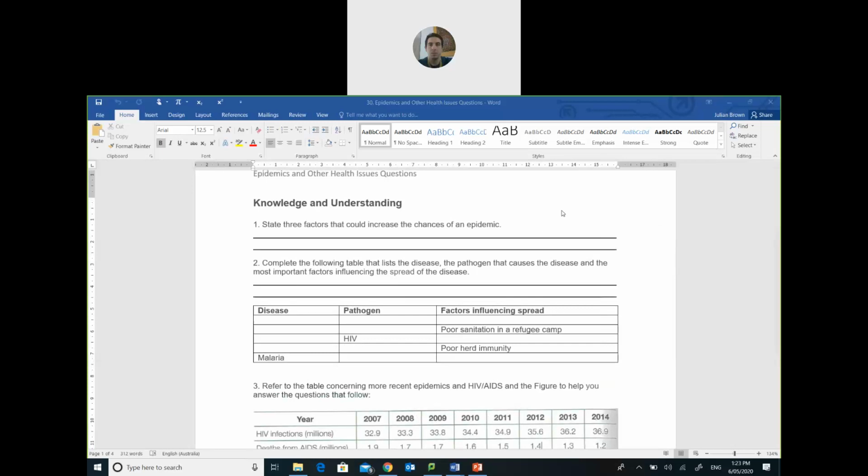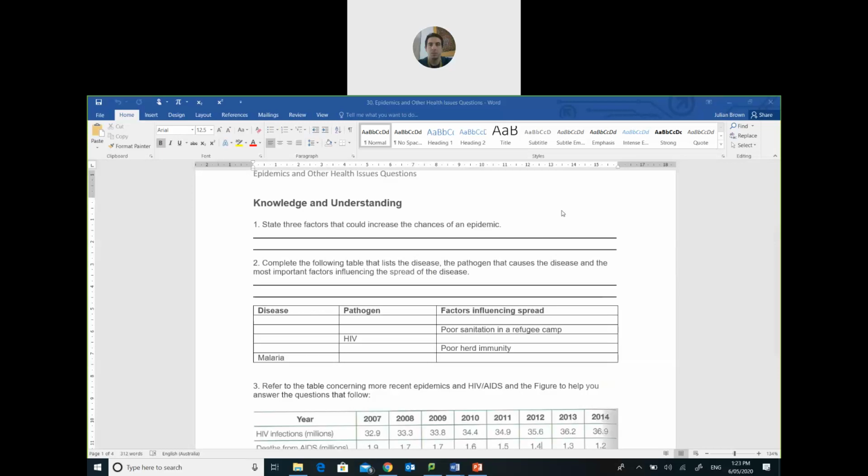There's a whole range, but we talked about some things like what happens if we have some sort of mutation to the pathogen. If the pathogen mutates and becomes more virulent, which is the ability to cause disease, that can increase the chances of an epidemic.